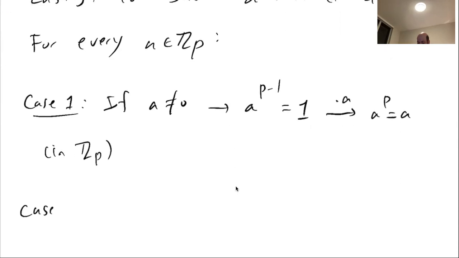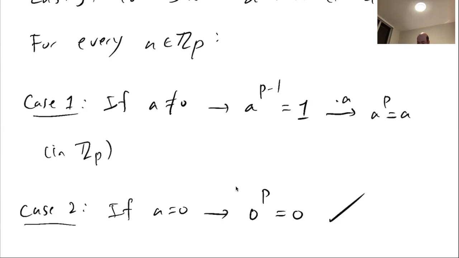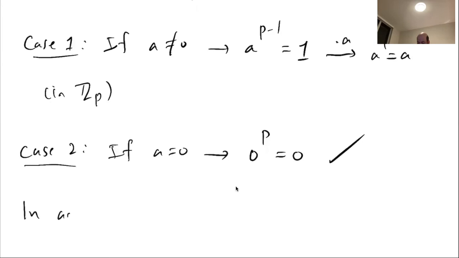And case 2, if a is equal to 0, well then 0 to power p equals 0. That's obvious, right? So in any case, a to power p equals a for every a in ZP.